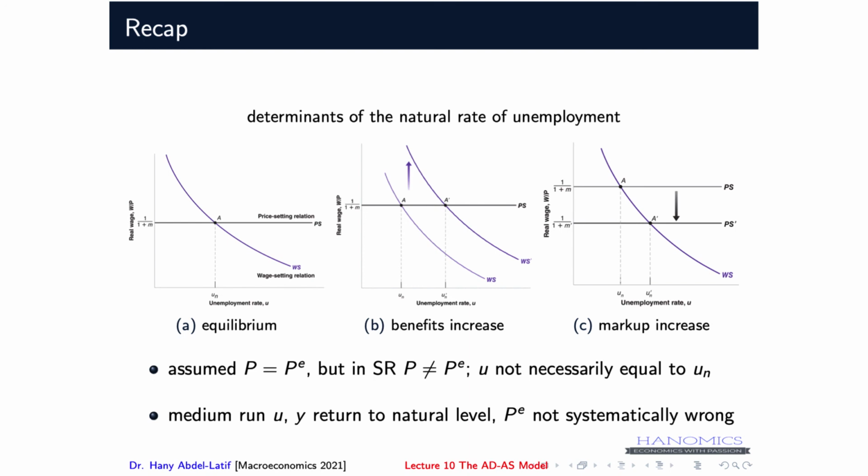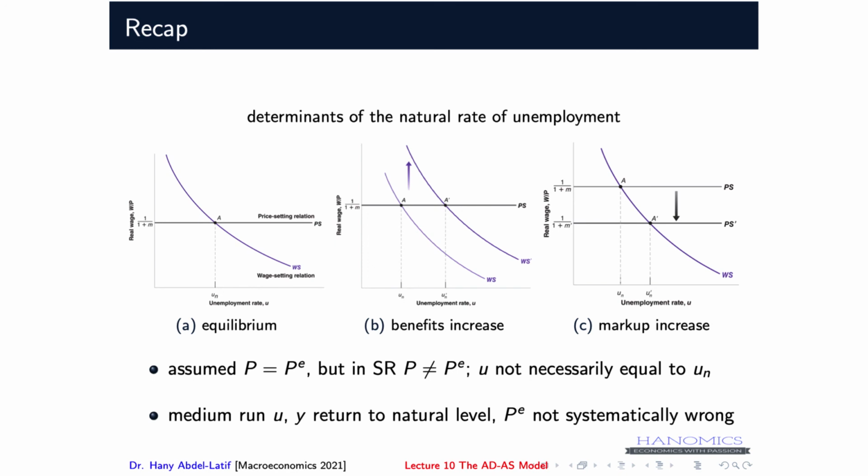That means the actual unemployment rate could be somewhere around that natural rate, either below or above it. But as we move toward the medium run, as we have more time, it's very difficult to have expectations systematically wrong all the time.